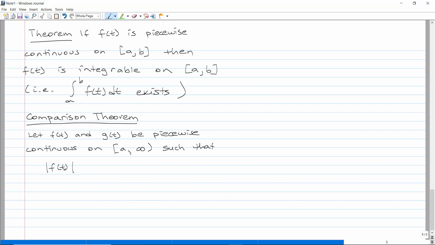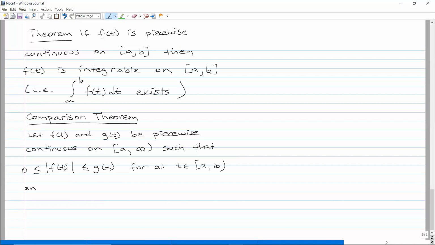The function may not be positive on that interval, but in order to use this theorem, the function g must be the function we are comparing f with. So let's say the absolute value of the function f is always less than or equal to this function g for all t in this interval a to infinity.